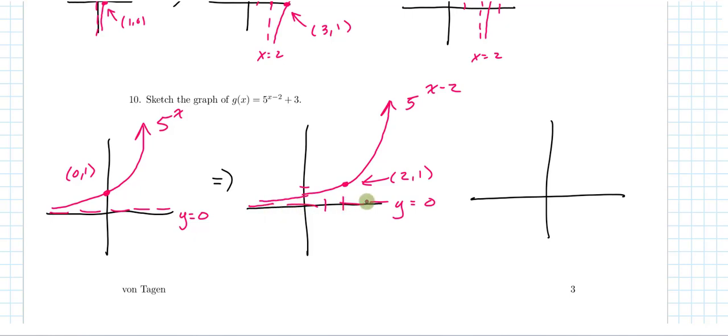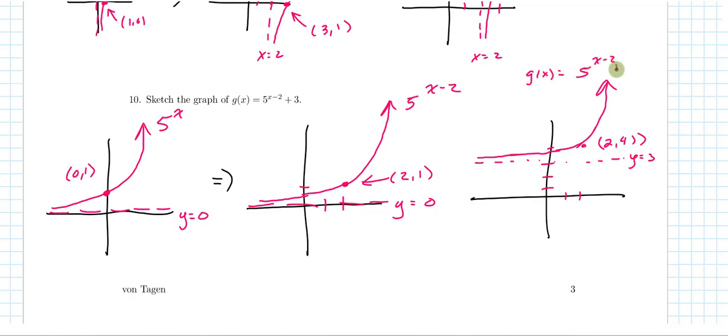So the horizontal asymptote that was at y equals 0 is now at y equals 3. And the ordered pair that was at (2, 1) is now at the ordered pair (2, 4). And then I just simply recopy that generic exponential function shape, and there is the graph of g of x equals 5 to the x minus 2 plus 3.